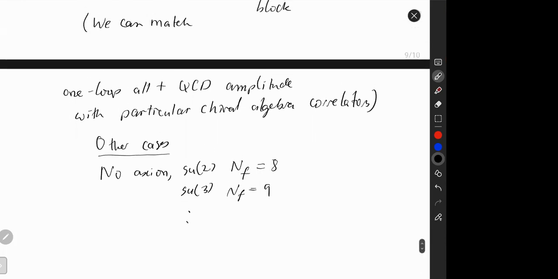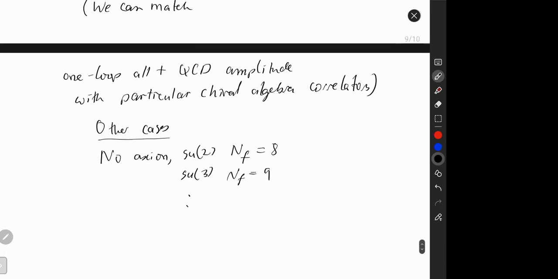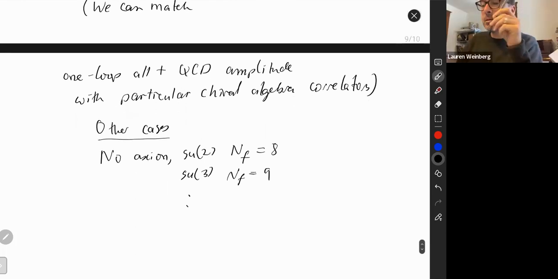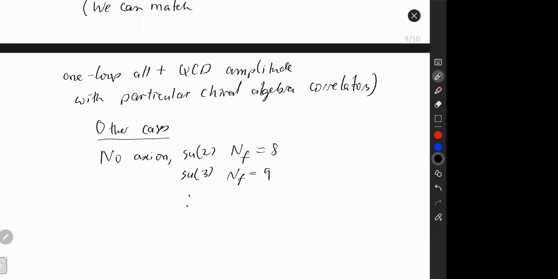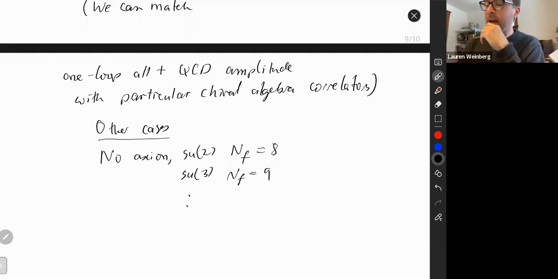So these are fundamental Dirac fermions? Yes. What do you mean by NF? You add Dirac fermions in the fundamental. Eight fundamental, eight anti-fundamental. For SU(2), the symmetry is kind of U(16) because fundamental and anti-fundamental are the same.